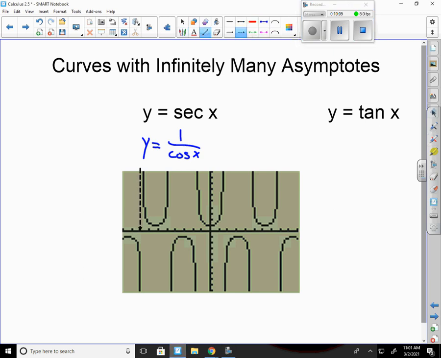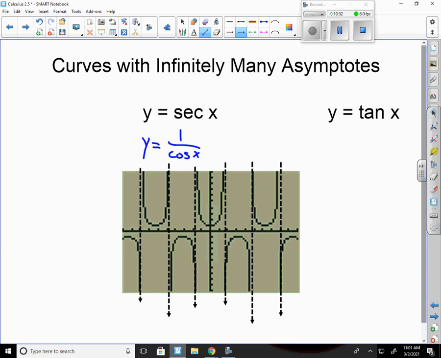Because I can have asymptotes here and here and here, here, here, and here.